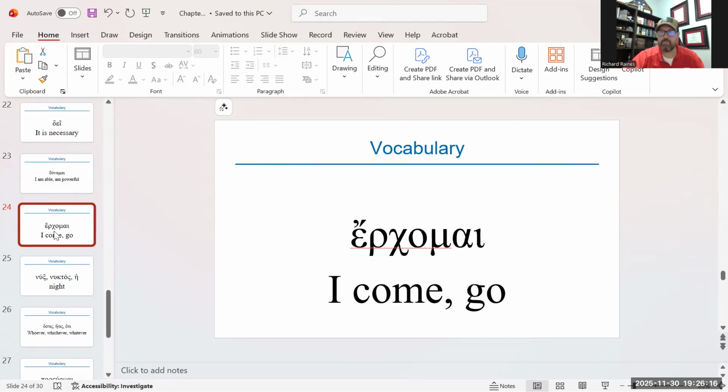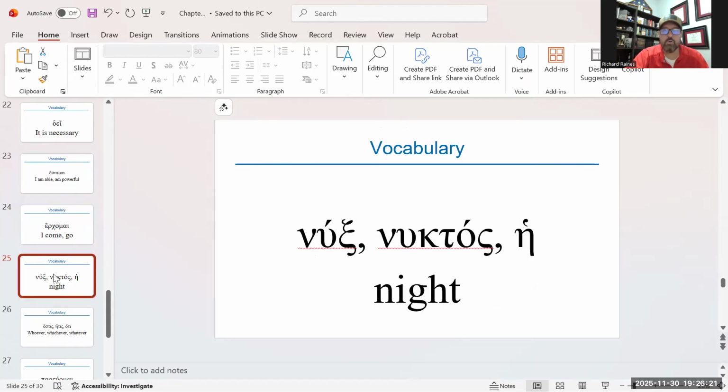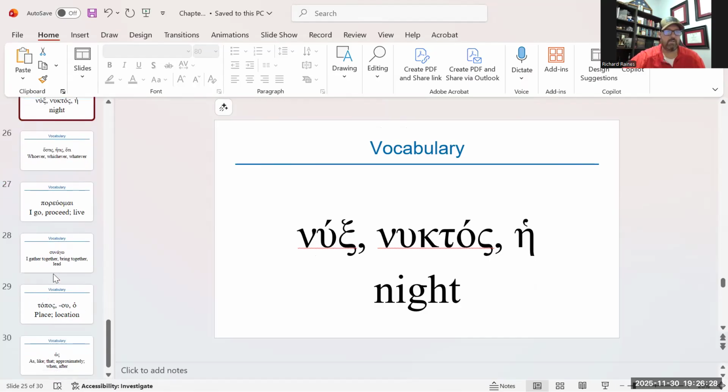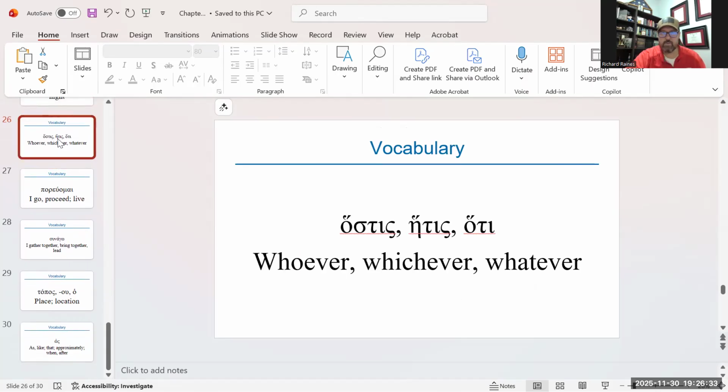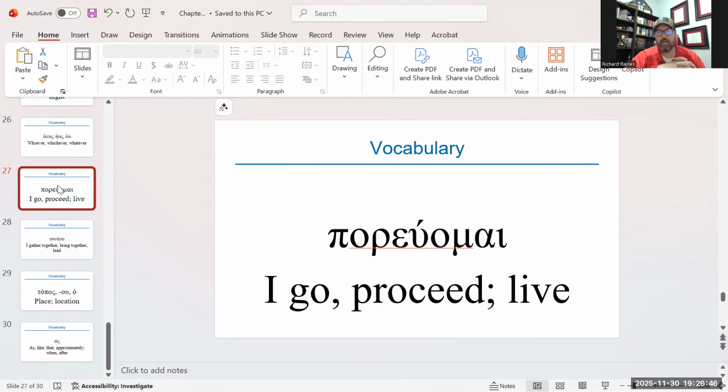Erchomai. We've only said that word 50 times during this lecture. I come, I go. Nux or nuktos means night. Kind of sounds like night. Nuktos sounds like nocturnal a little bit. See a rough breathing mark there. Hostis, hetis, or ho ti, whoever, whichever, whatever. Poreuomai, I go, I proceed, or I live.